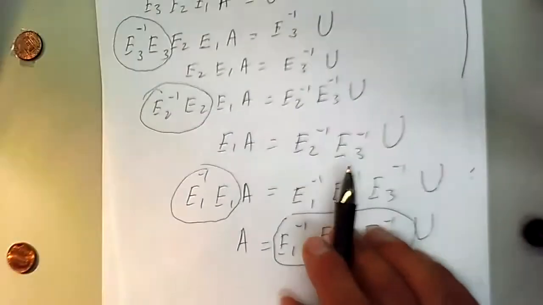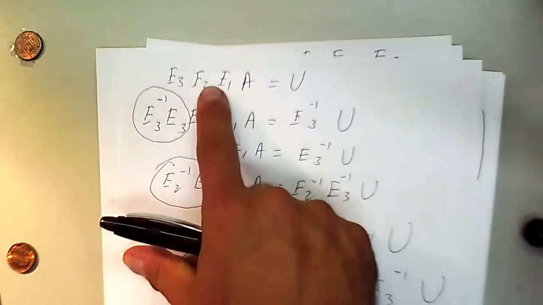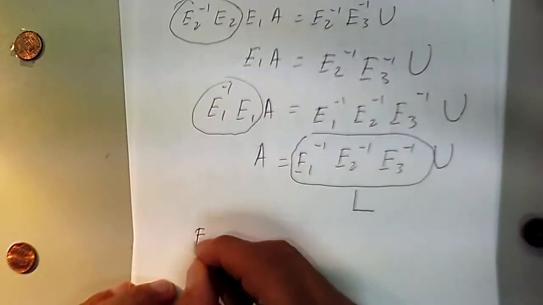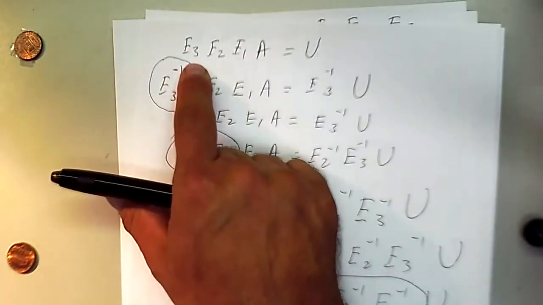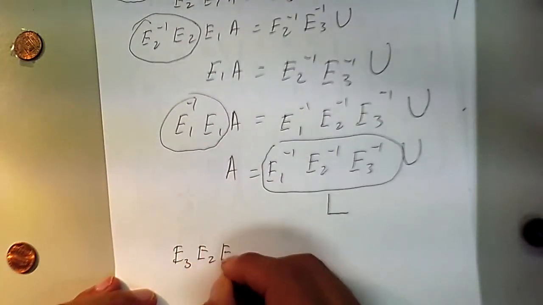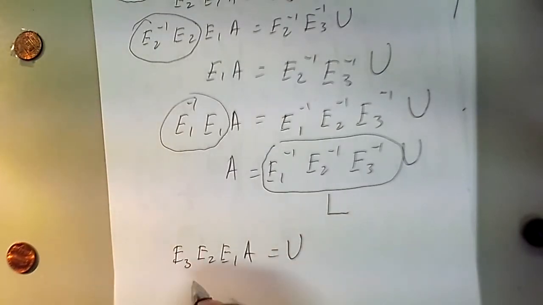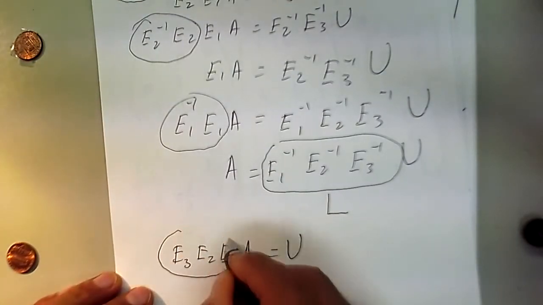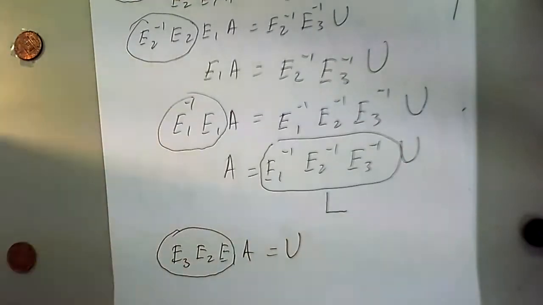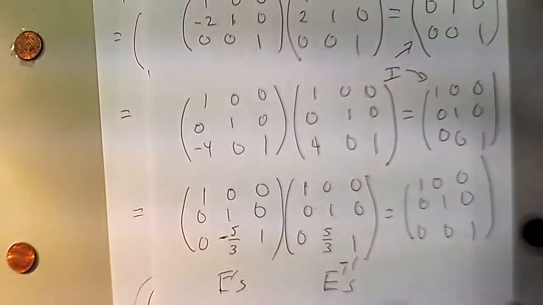So let me write down real quick the alternative. The alternative is starting from this, E3, E2, E1, A equals U. Multiply them without finding the inverse. So skip the step of checking. Don't do the inverses.